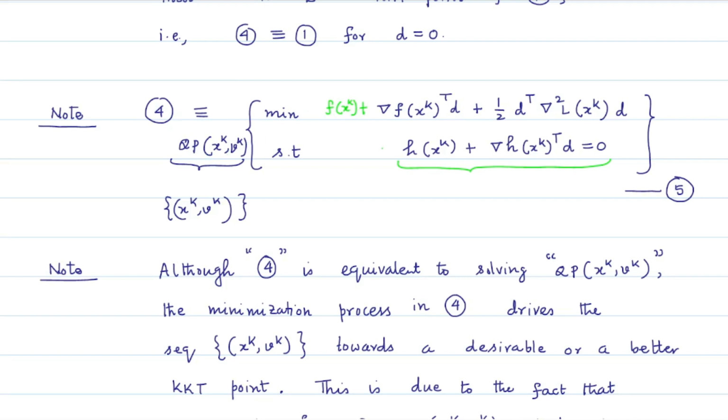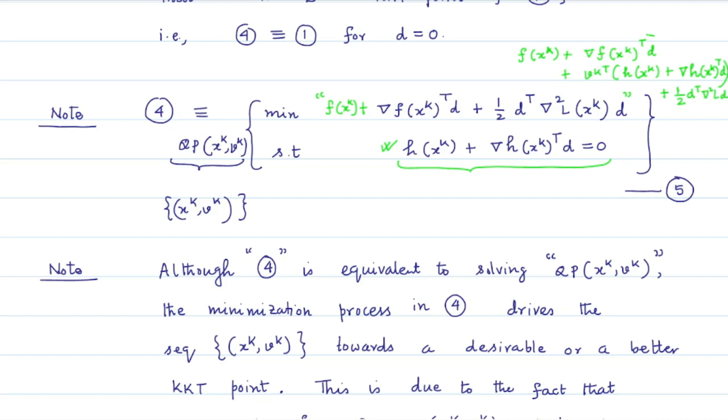Now we see that with the help of these equations, we can write this objective function as this f(xk) as it is, the first term. Then let us keep the second term also as it is. Then we add vk transpose this expression on the left of these equations, plus let us keep the last term as it is.